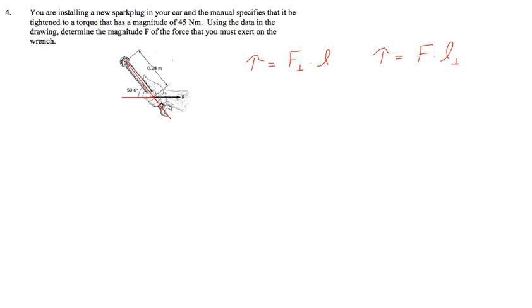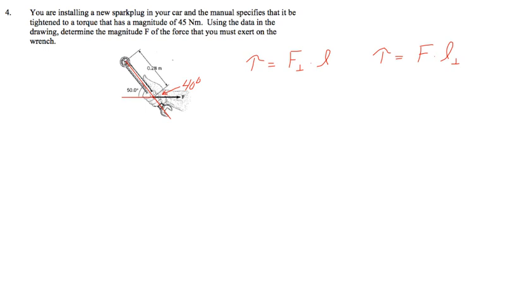Because if that's 50 degrees right there, then that's 50 degrees. And these two angles are what to each other? Not supplementary, complementary. They add up to 90 degrees. So if that's 50, then what is this angle right there? That's 40.